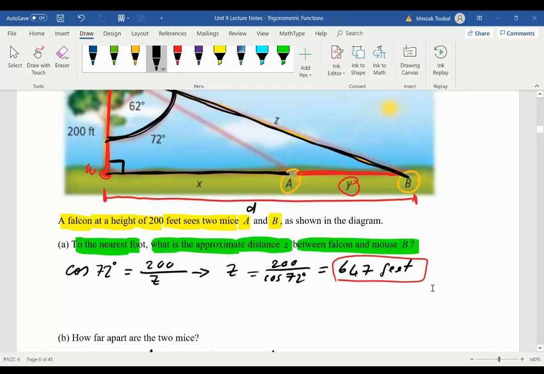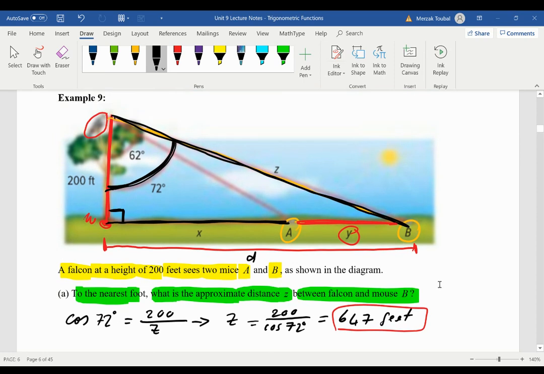Okay, now what is x? Look at the diagram. x is the distance from W to A, and there is another triangle here, this triangle, whose angle over here is 62. x is the opposite, adjacent is 200, so we can use tangent again.